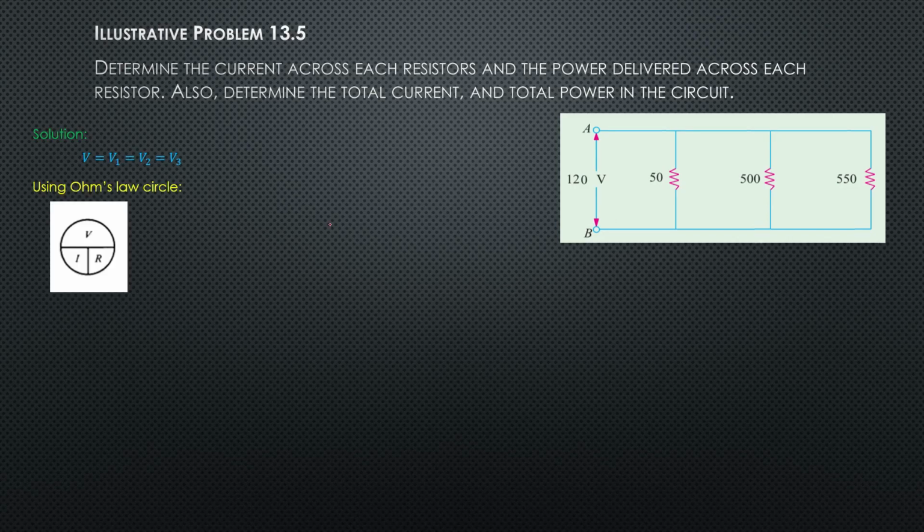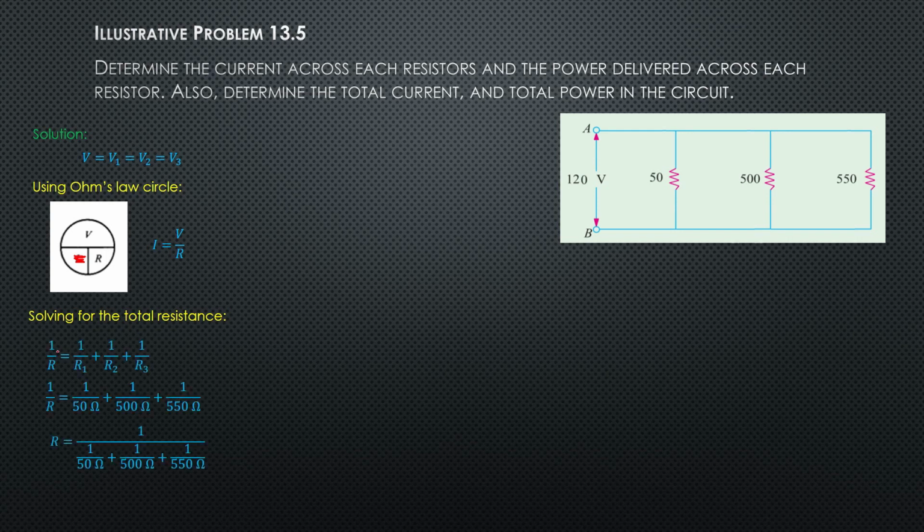Using Ohm's law to determine the total current, if I cover I, I'll have V all over R, right? I is equivalent to V all over R. Now, solving for the total resistance, recall that for a parallel connection, 1 all over R is equivalent to 1 all over R1 plus 1 all over R2 plus 1 all over R3.